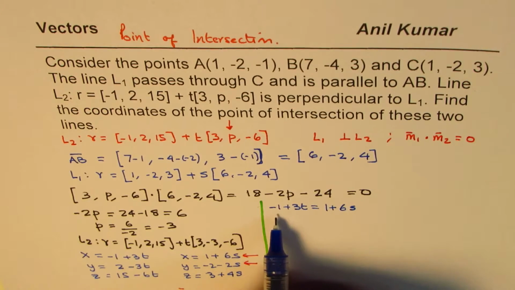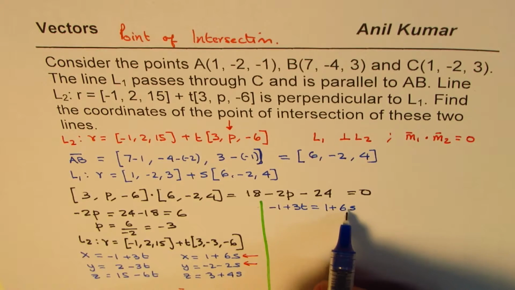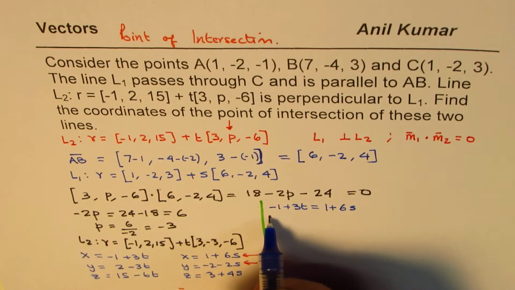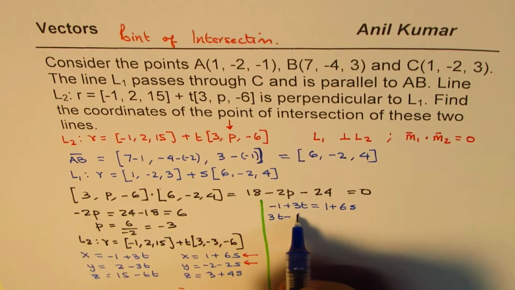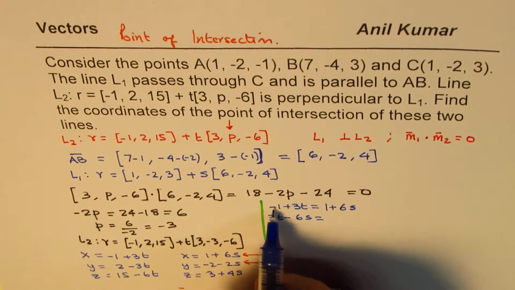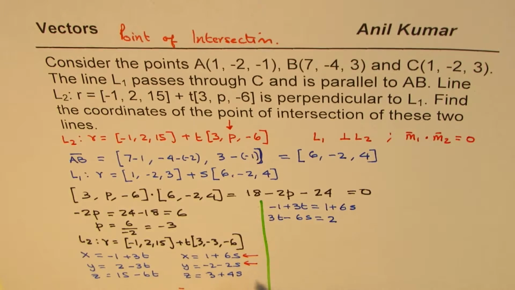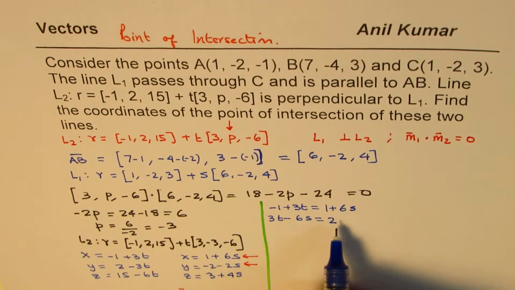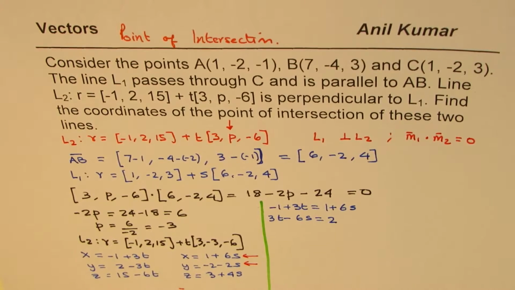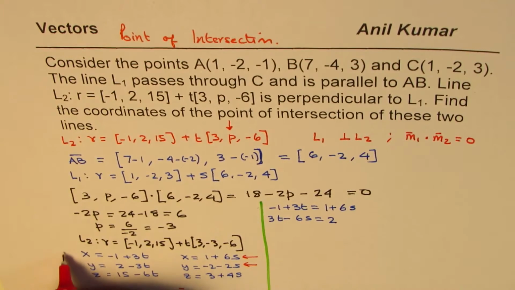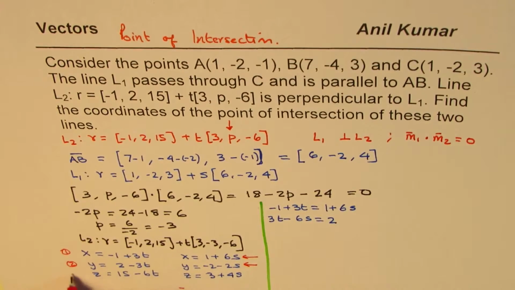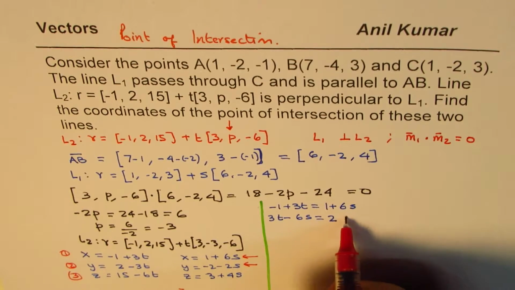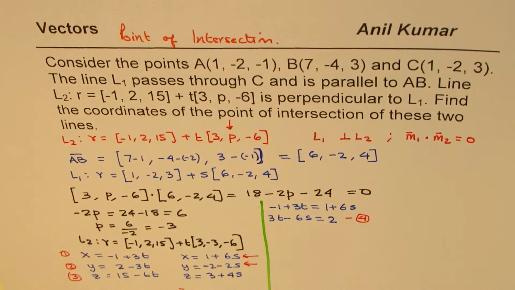Bringing 6s to the left side, it becomes 3t minus 6s equals, taking this 1 to this side, 2, right? So that becomes one of our equations. Let me name these equations 1, 2, and 3, and I'll call this my equation number 4.